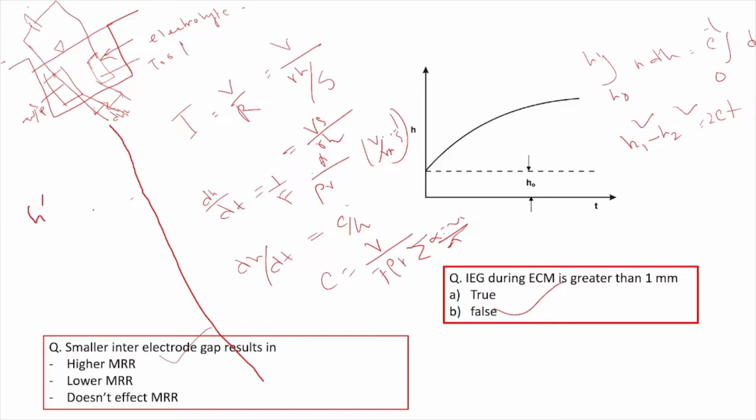H dash we can say is H by H star, which equals 1, that is FH by C equals 1, or H equals C by F.